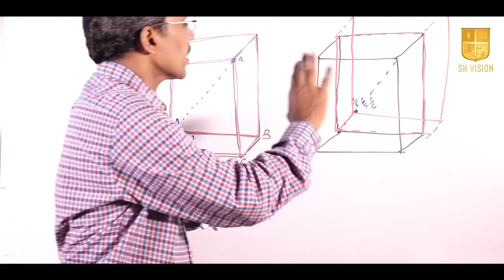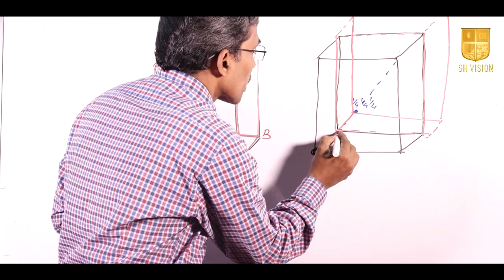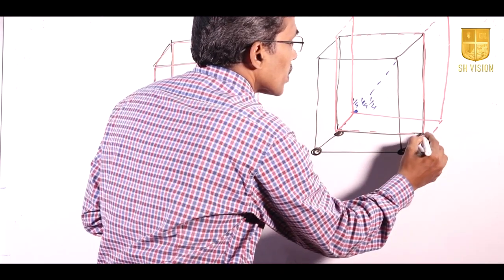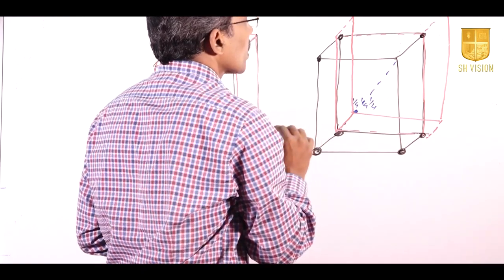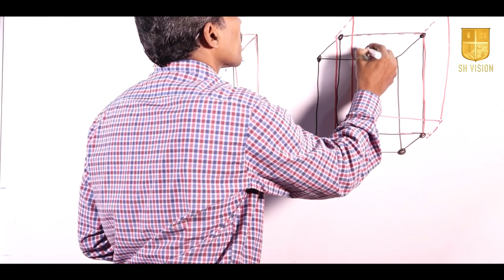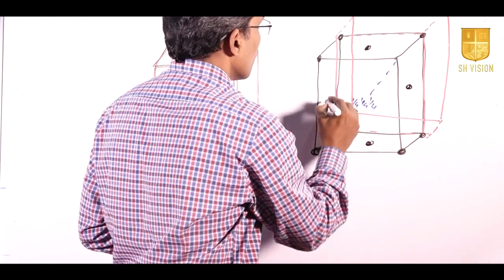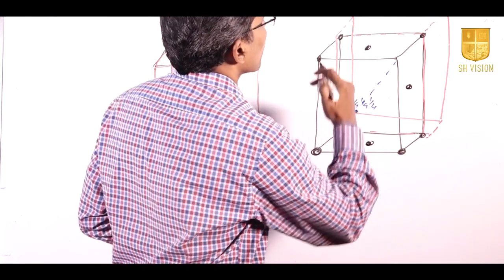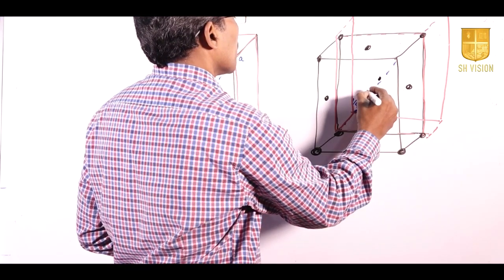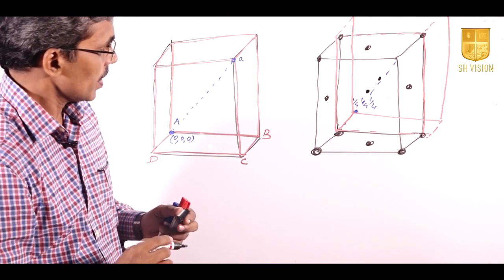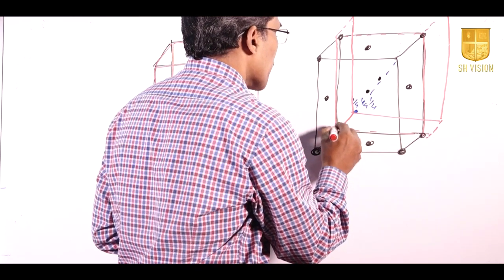If we take these different faces, here this black cube I am giving these corner atoms, and there are face-centered atoms. Here there is a face-centered atom, here one, here one, here one, on the black back face there is a center atom, and on the front face there is one centered atom. And this red one is again another face-centered cubic lattice.